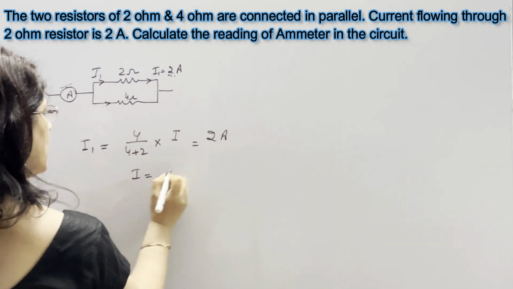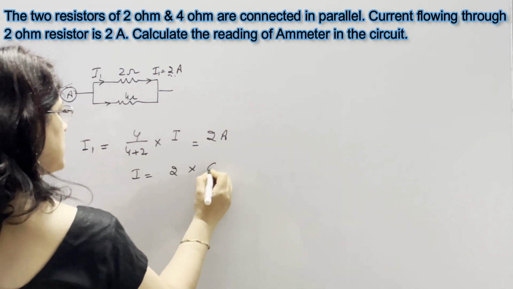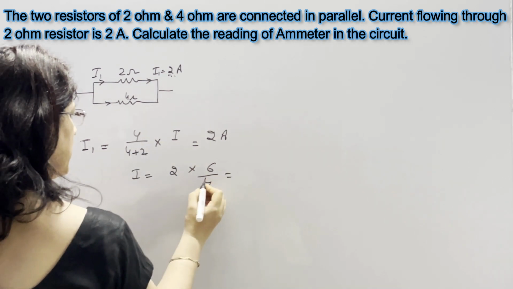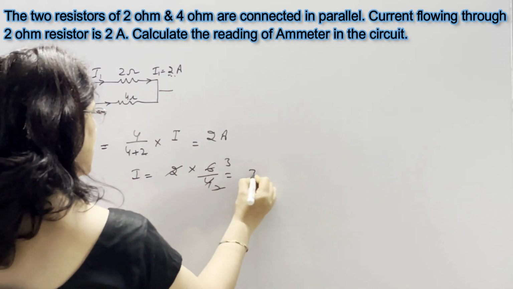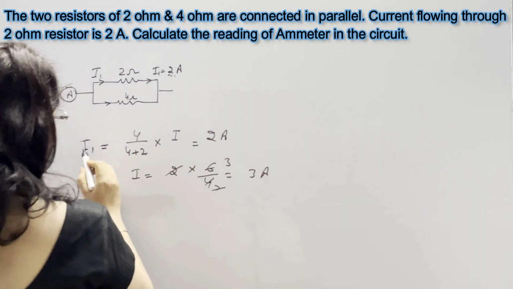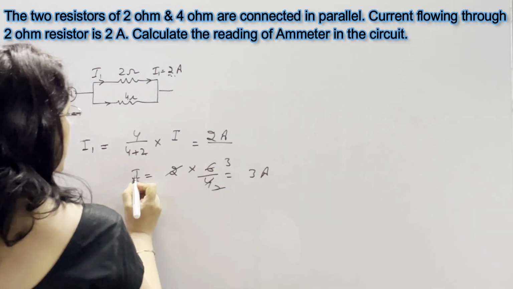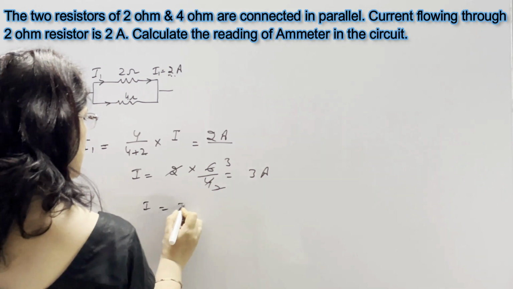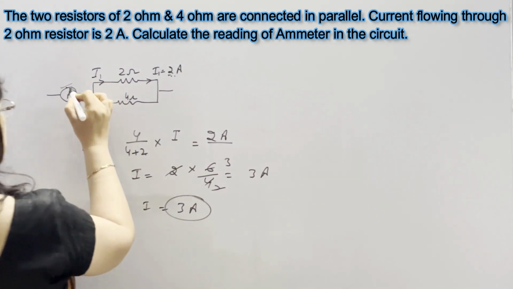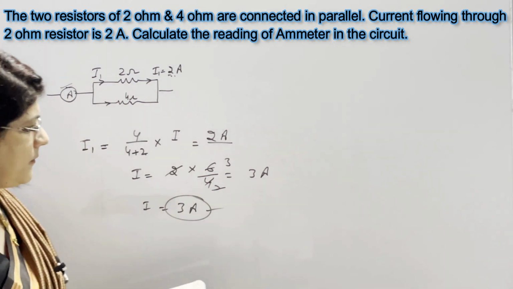So I is equal to 2 into 4 plus 2, 6 in the numerator and 4 in the denominator. So 2, 2, 4 and then 3. So 3 ampere. So if this I1 current is 2 ampere, then total current in the circuit I is equal to 3 ampere. It means the reading of the ammeter is 3 ampere.